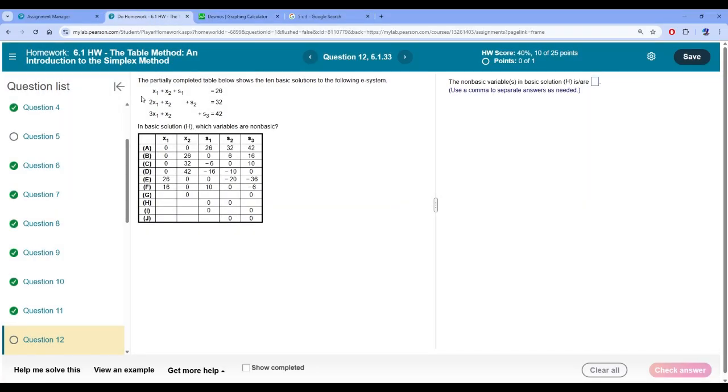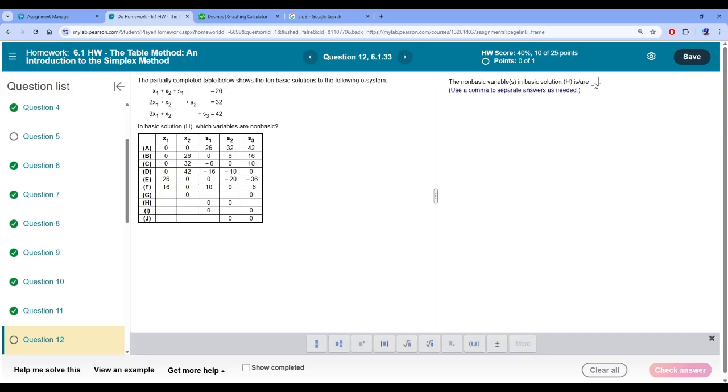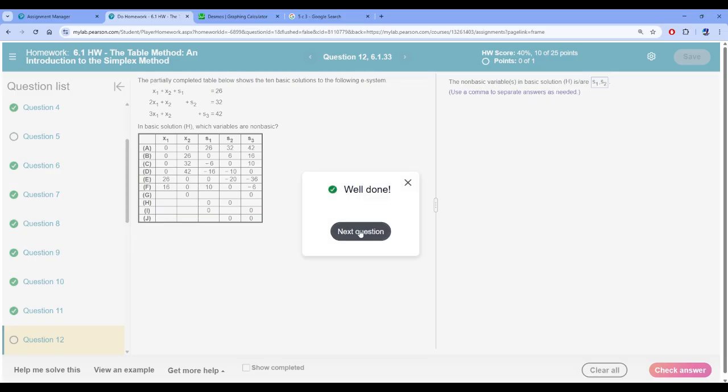Next question. The partially completed table shows the 10 basic solutions to the following system. In basic solution H, which variables are non-basic? H should be S subscript 1, comma, S subscript 2, because they are equal to 0.